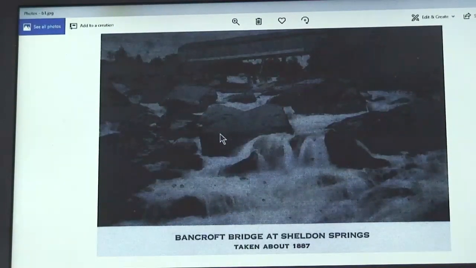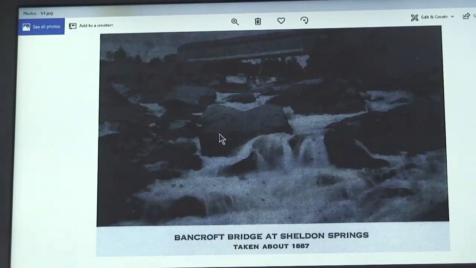Where there is water and people live on both sides of a river necessitates the building of bridges. There have been several bridges in Sheldon Springs. If you walk all the way out Shawville Road, you cross the Missisquoi on what is currently the Steel Bridge.